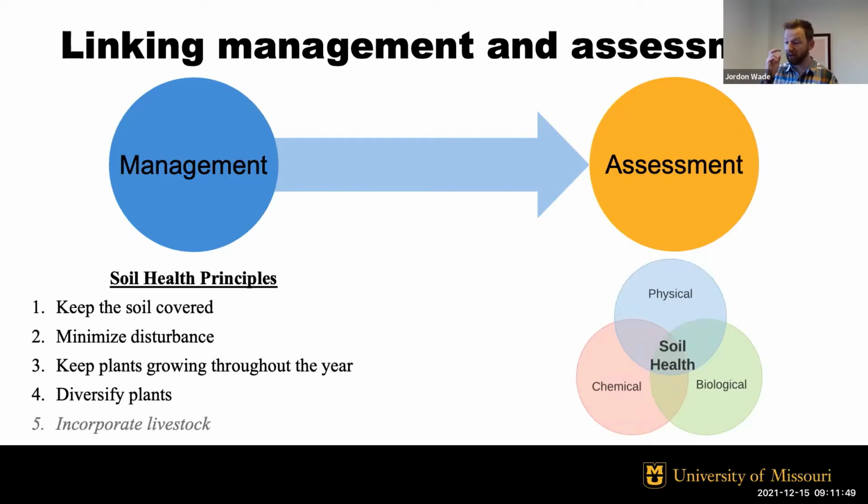Those soil health principles have some sort of change in our soil, and it could be in different characteristics, whether it be a physical thing like aggregation or tilth, your biological activity, or changes in your chemical properties. All of those things come together, and those are our conception of soil health.